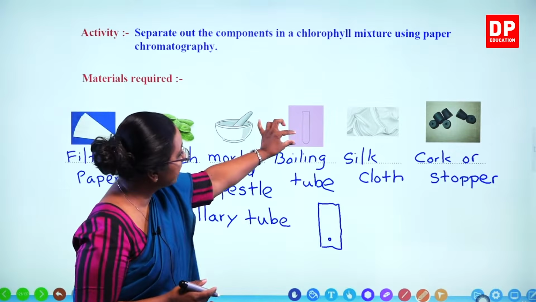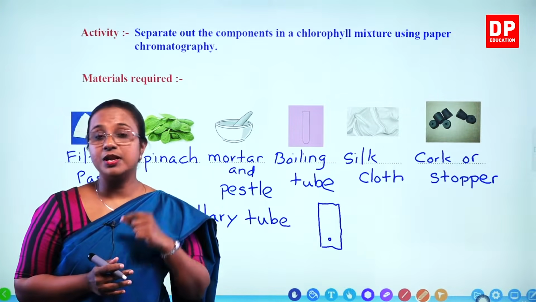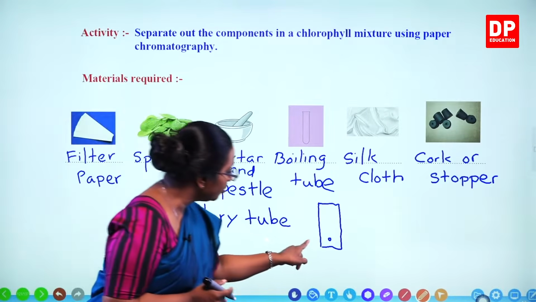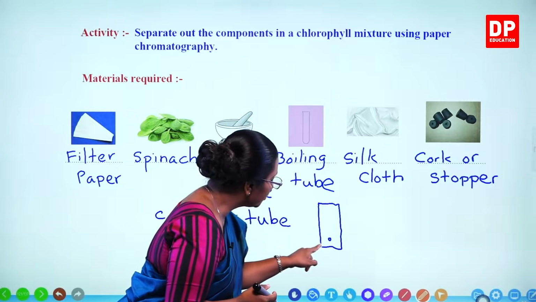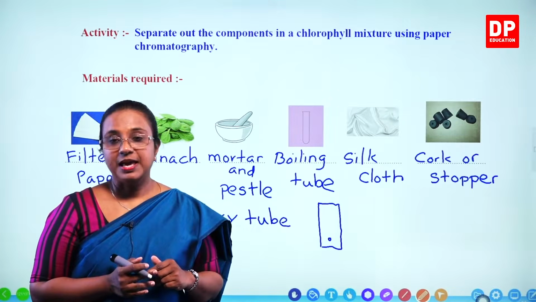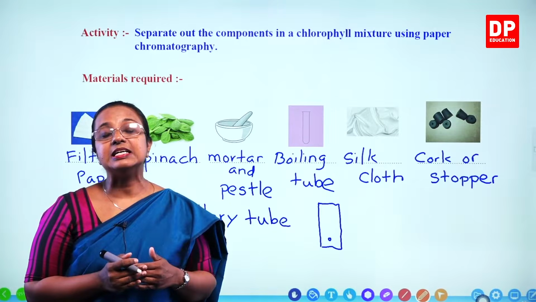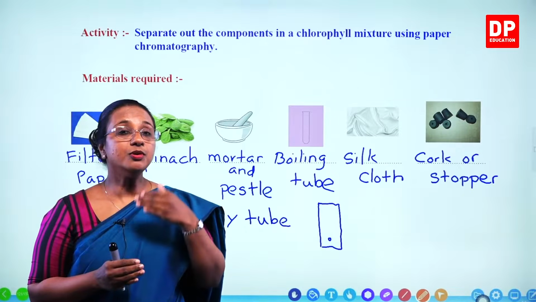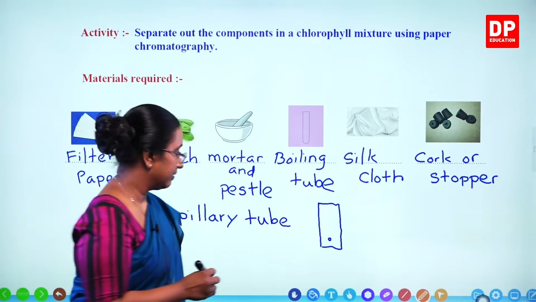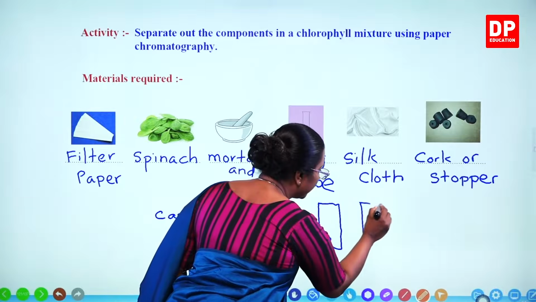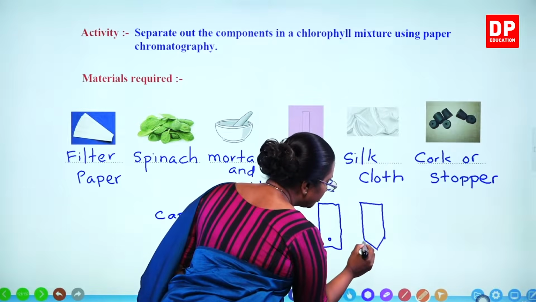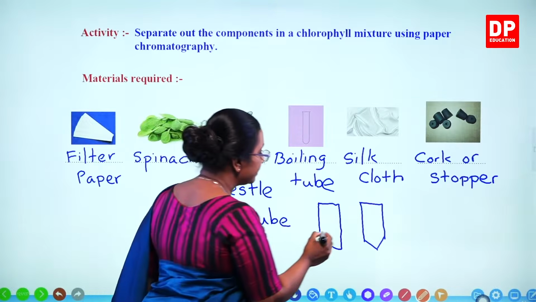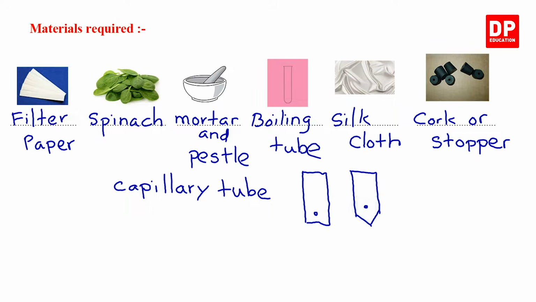So there we take the mobile phase, a small amount into the boiling tube, making sure that only the lower part, this small part of the paper, will be in contact with the mobile phase there. So in order to make it more effective, we can even cut the paper in this manner so that only this tip will be in contact with the mobile phase and we will have the spot there.